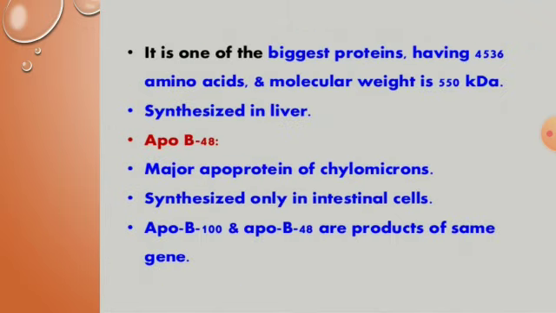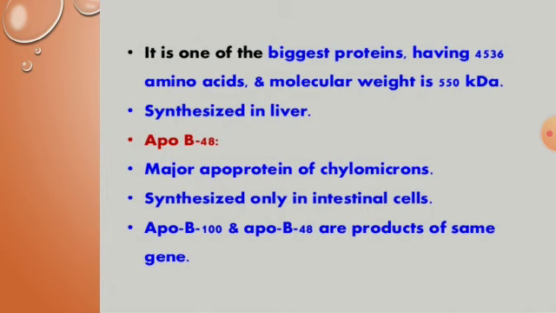It is one of the biggest proteins, having 4536 amino acids and a molecular weight of 550 kilodaltons, and it is synthesized in the liver. The next one, ApoB48. It is a major apoprotein of chylomicrons. It is synthesized only in intestinal cells.